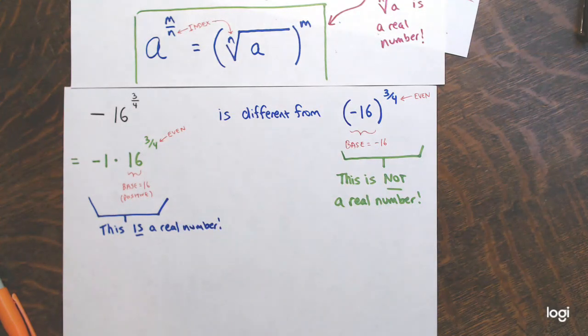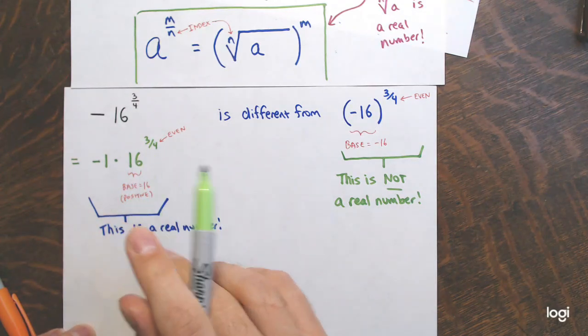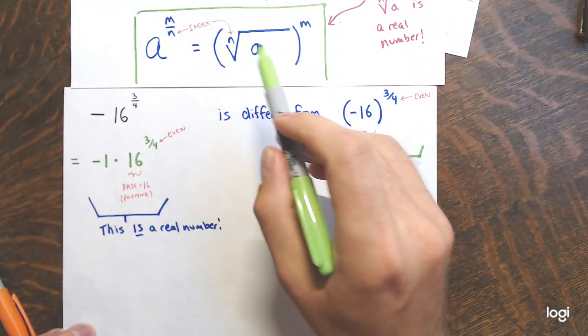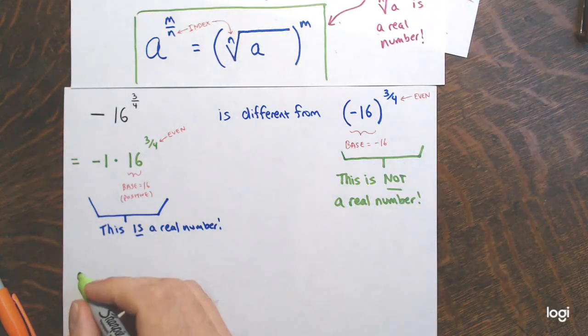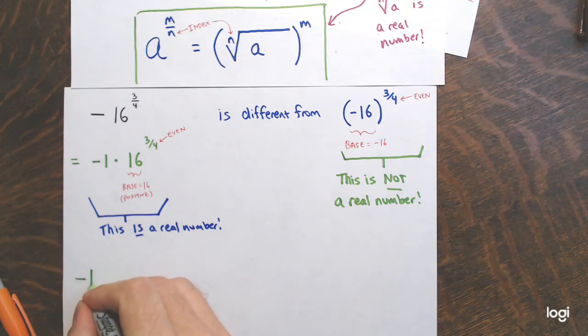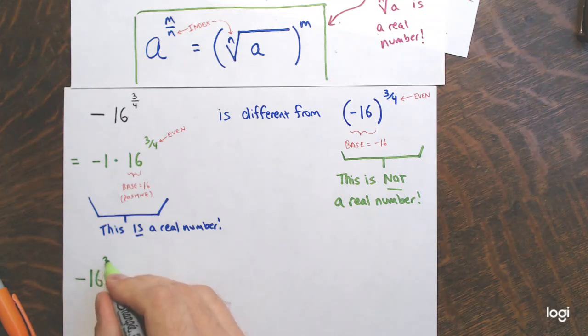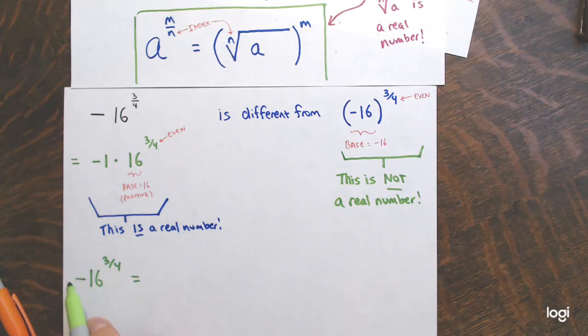Okay. So this time I'm going to do it the way I like, the one where the smaller numbers are involved. All right. So this negative 16 to the 3/4 is, again, anytime you see a minus sign on its own with no parentheses connecting it to anything, that's a factor of -1 times.